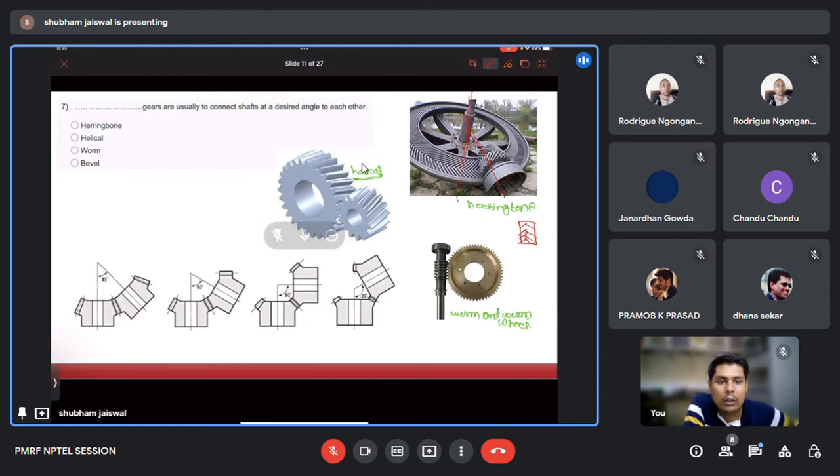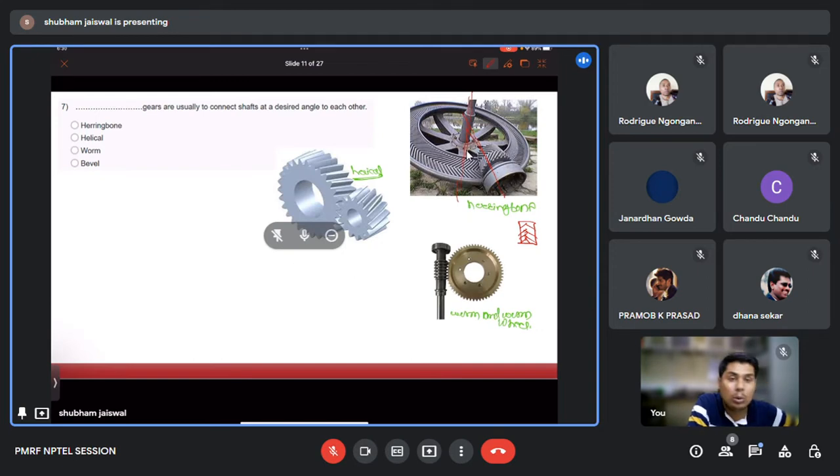And that we use to transfer the power. Okay, but the axis, we can't change the axis. Once the axis is fixed, it will remain fixed. Similarly, in case of helical gear, we can use it to transfer power between parallel shafts or if some misalignment is there. Similarly, here we can use worm and worm wheel when the axes are perpendicular to each other.